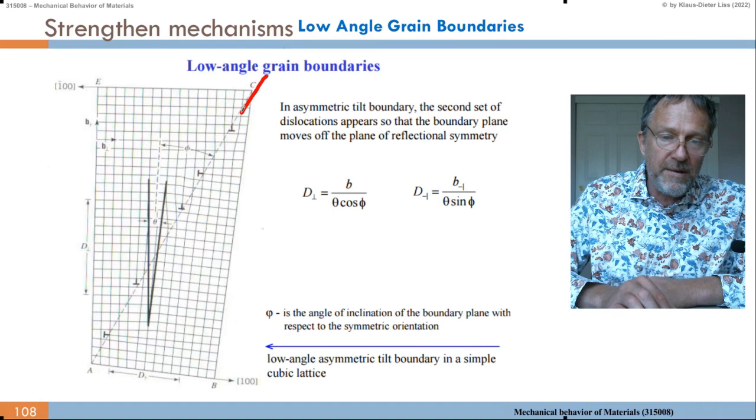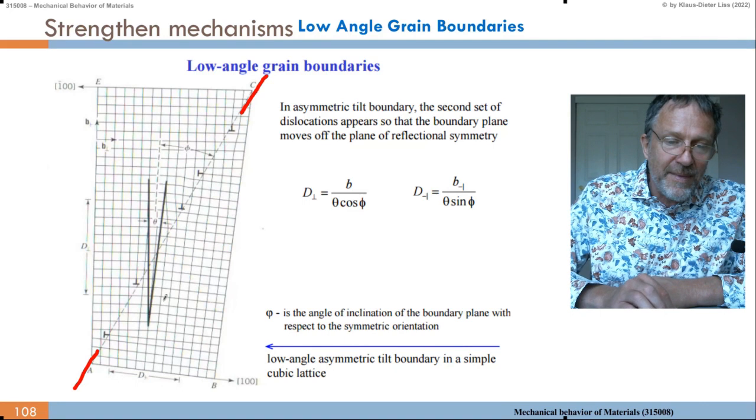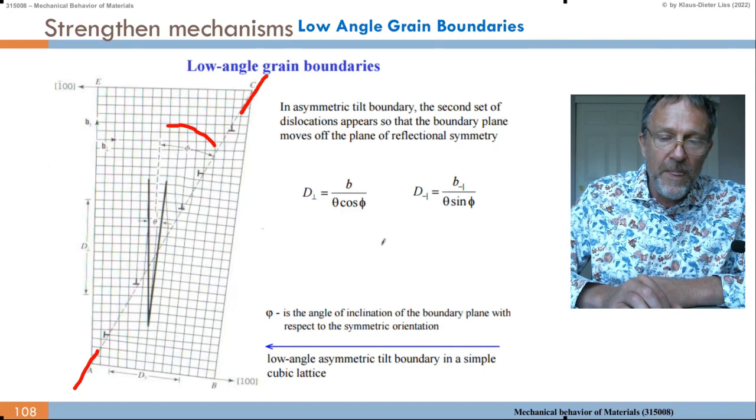The grain boundary is shown here, this dotted line, and the orientation of dislocations and crystal lattice. So it can be asymmetric by this angle phi, because I can introduce dislocations which are sideways, yeah?